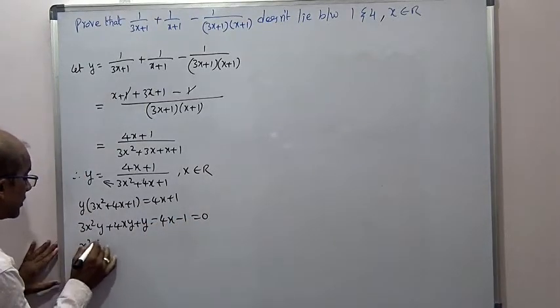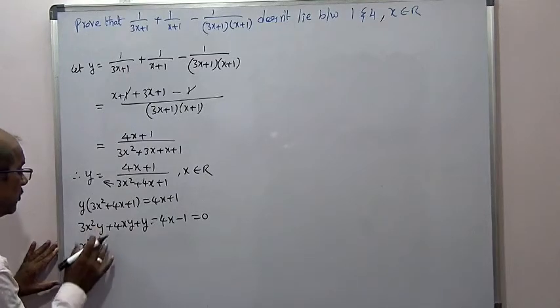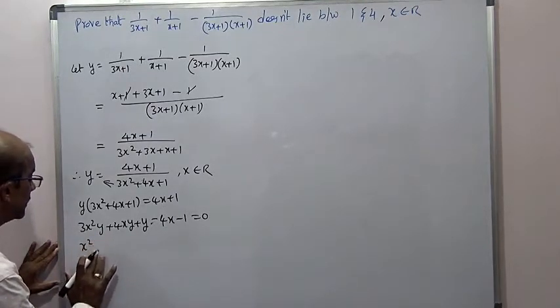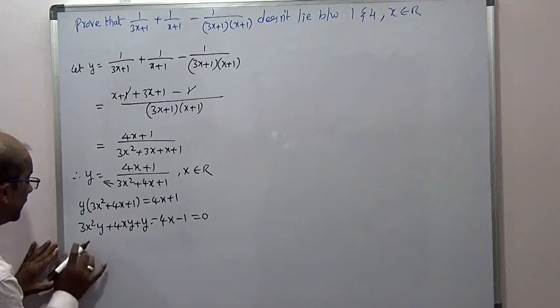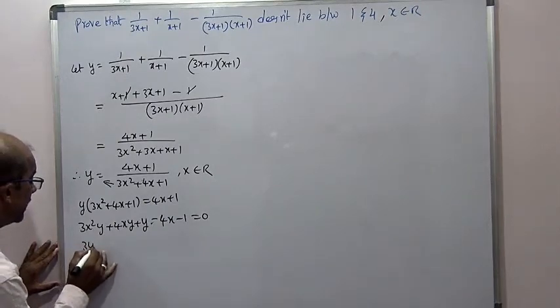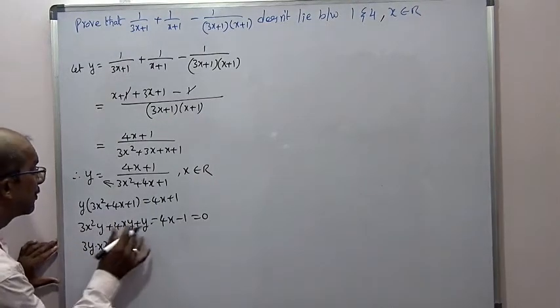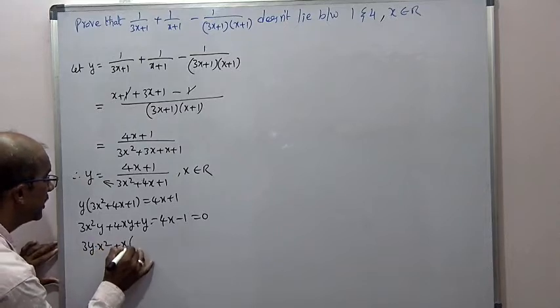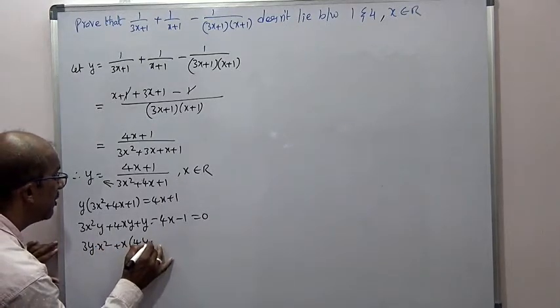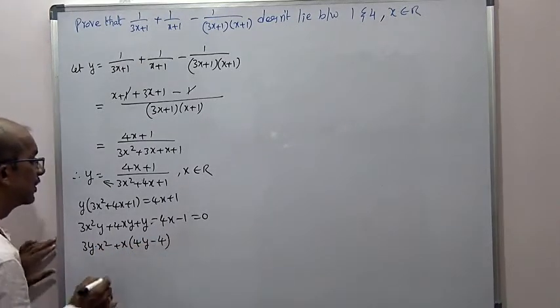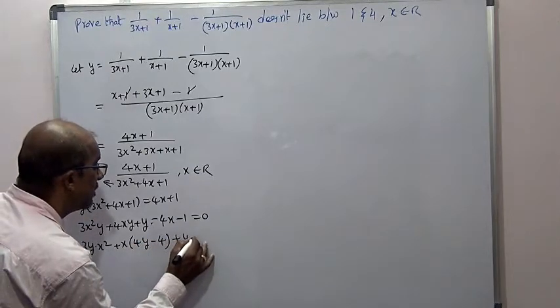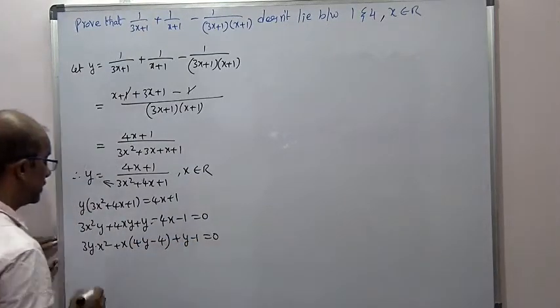Now take the x² term common, there is only one x² term, so we can write simply 3y into x². Now take x common: (4y − 4)x + (y − 1) = 0.